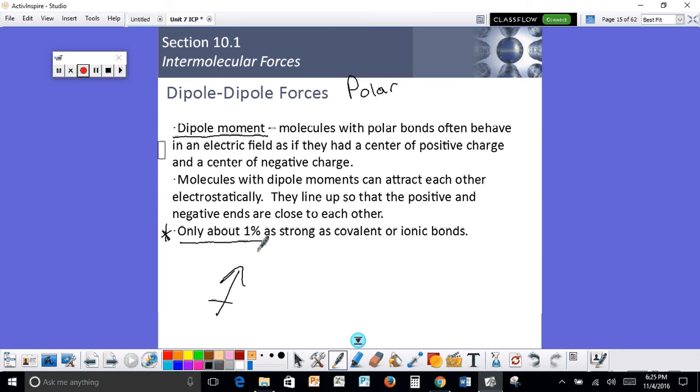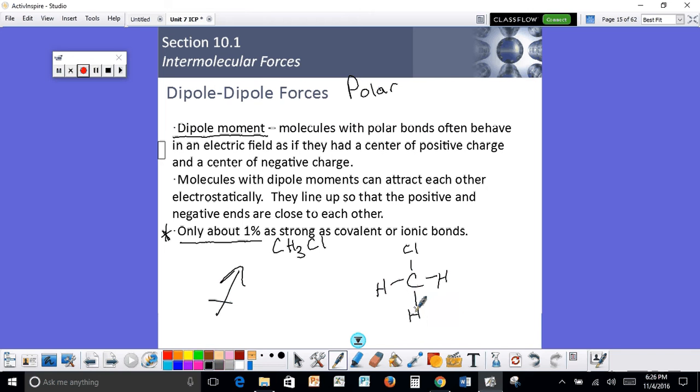If we look at the compound CH3Cl structurally, carbon's in the middle, we have our chlorine, and then we have our hydrogens.